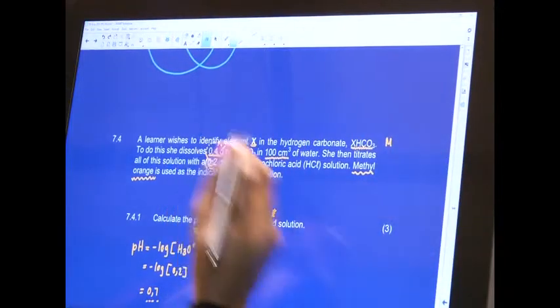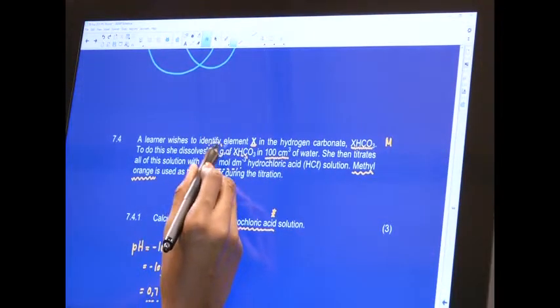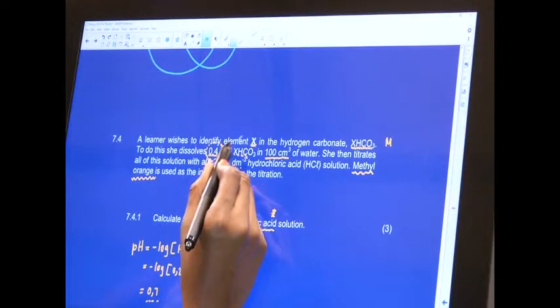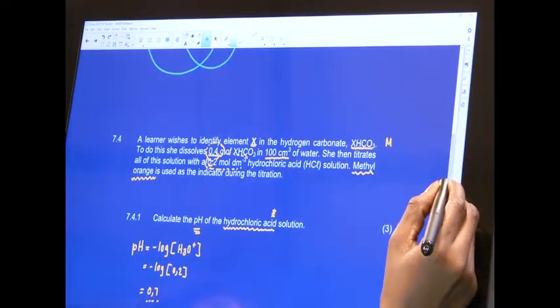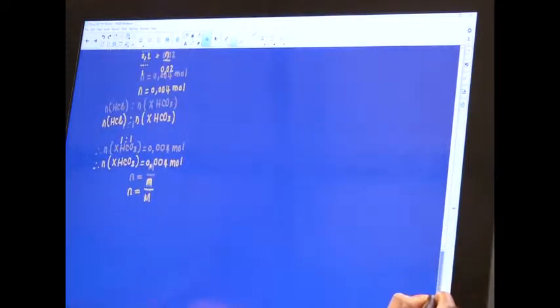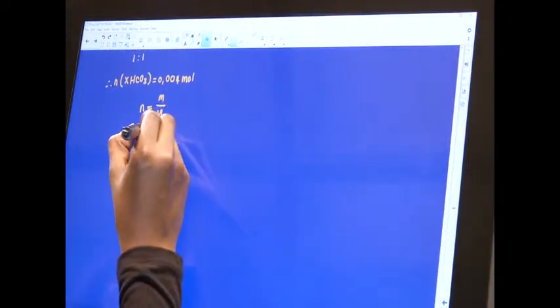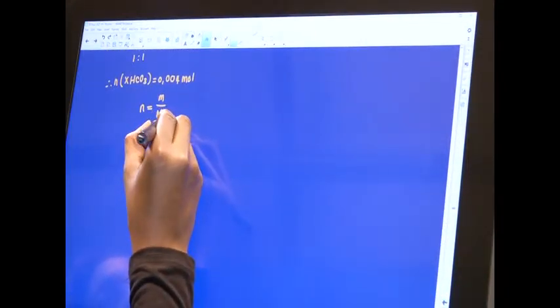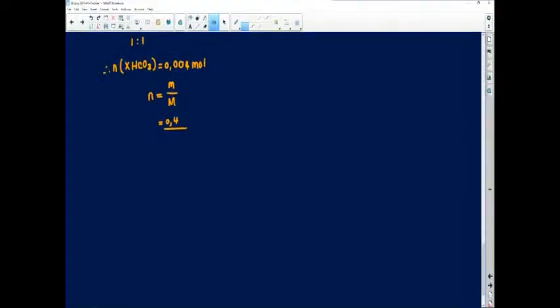Here we are. Remember what they said. To do this, she dissolves 0,4 grams of the molecule with the X. So that is the mass of that unknown X, which means by this M over here, I'm going to put 0.4 all over. My moles are 0,004. Now I want to show you the trick on, well, not really a trick, but how I'm going to do this one. This is the big M, which is my molar mass from the periodic table.